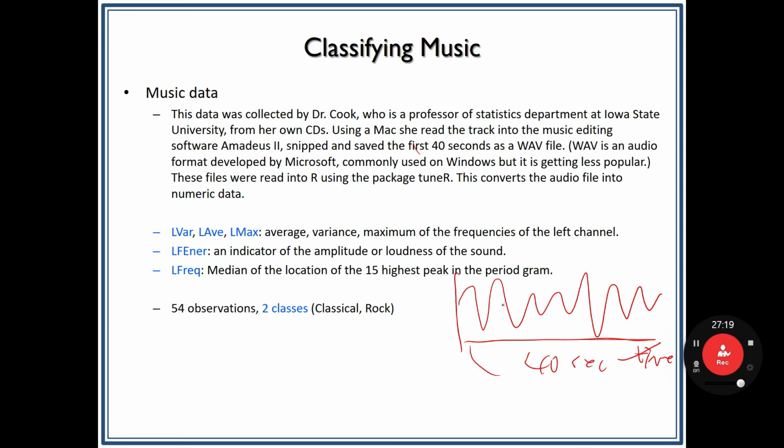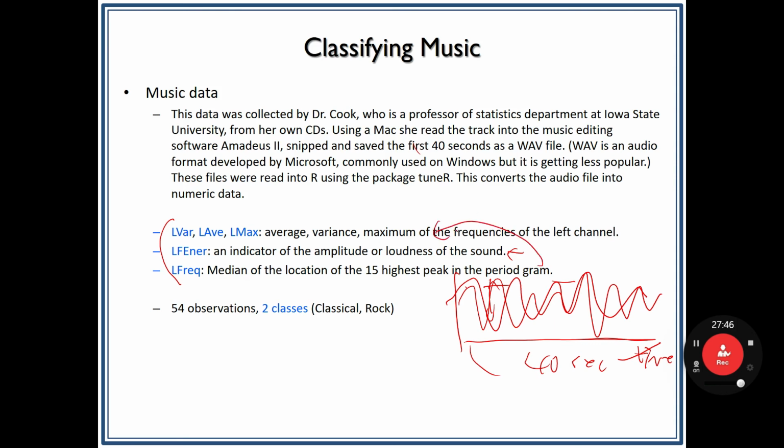Then we take the variance, average, maximum value, and loudness, and the median of the location of the 15 highest peaks. So from this raw data we extracted five independent variables.